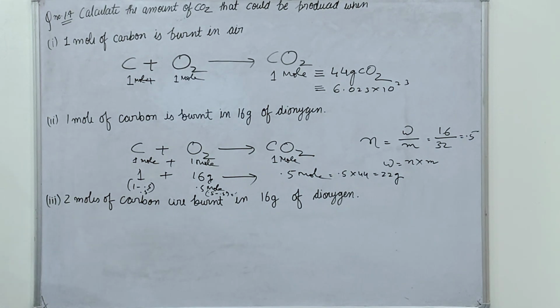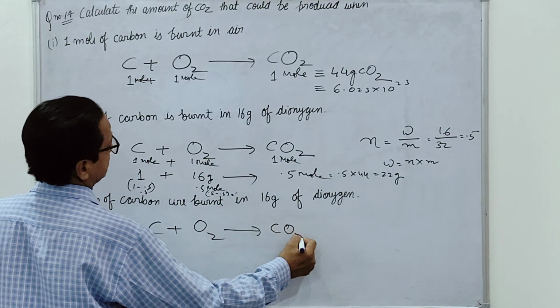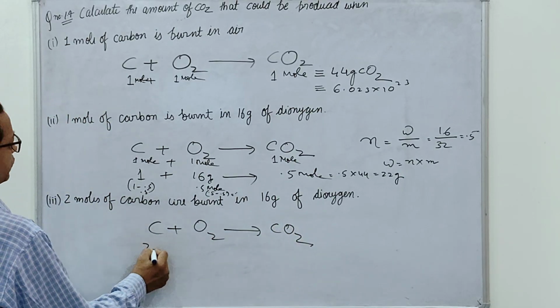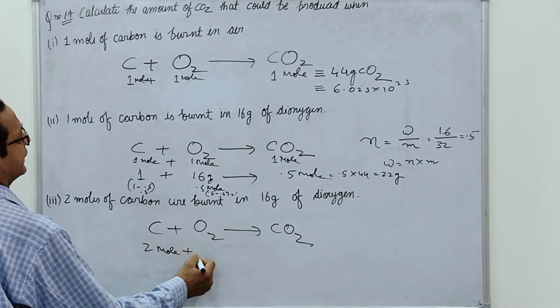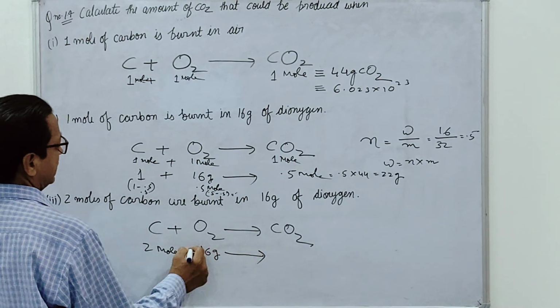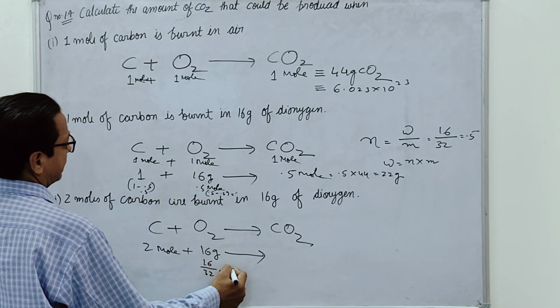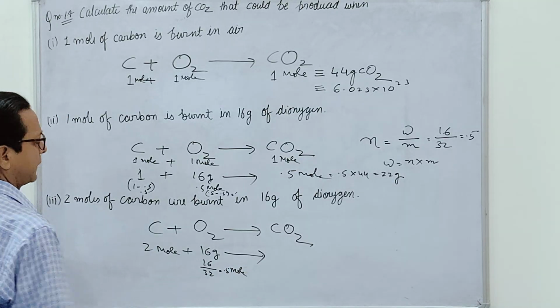Now next: carbon, oxygen, CO2. In this reaction, 2 mole of carbon reacts with 16 gram of oxygen. 16 gram of oxygen means 16 by 32, that is 0.5 mole of oxygen.